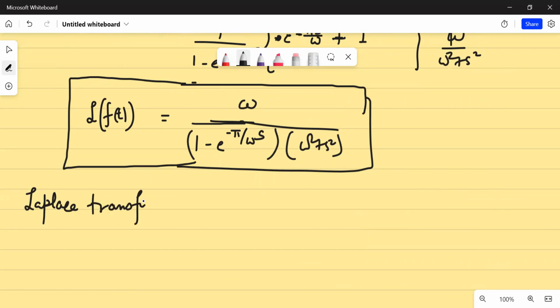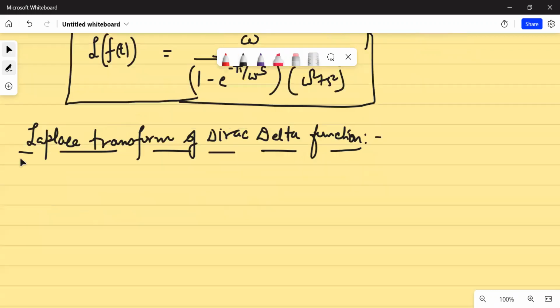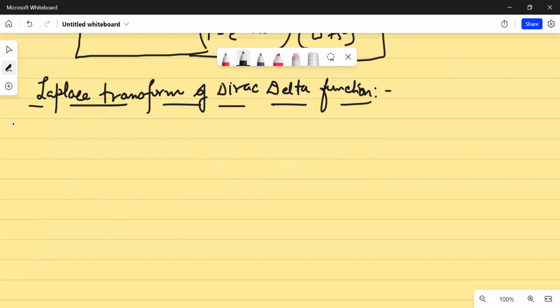Now one needs to see what would be the Laplace transform of the Dirac delta function. From here, I'll sum up the class, and then we'll continue. Laplace transform of a Dirac delta function. So how to find it?